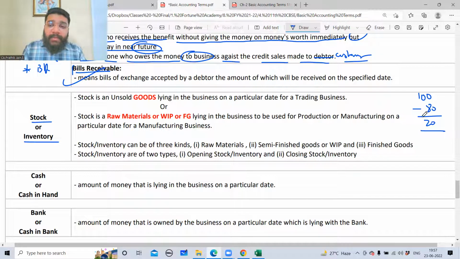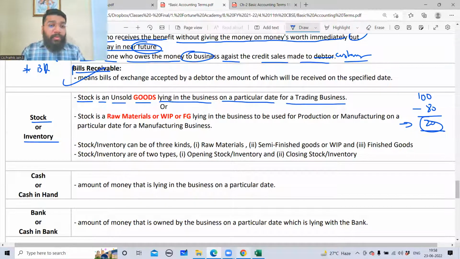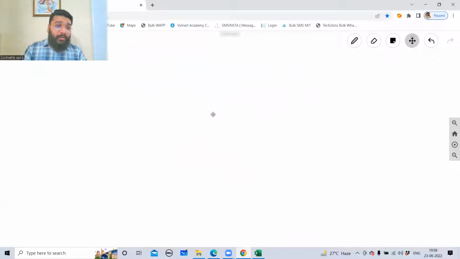So the remaining 20 is an asset that I own, but I cannot call it a fixed asset. This is basically your stock. Why is it stock? Because you are going to sell it in the future. So stock is unsold goods. Can I say these 20 laptops are unsold goods lying in the business on a particular date for a trading purpose? Now, stock is of multiple types.